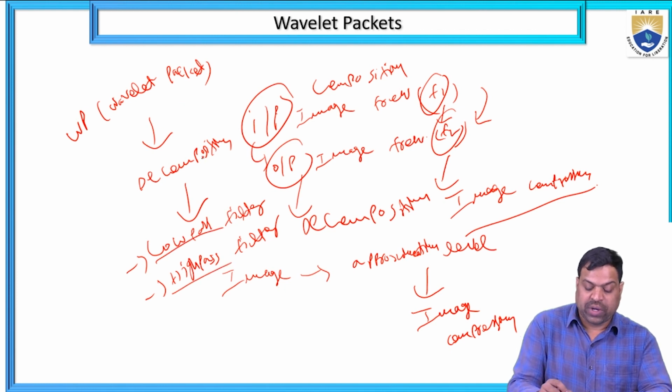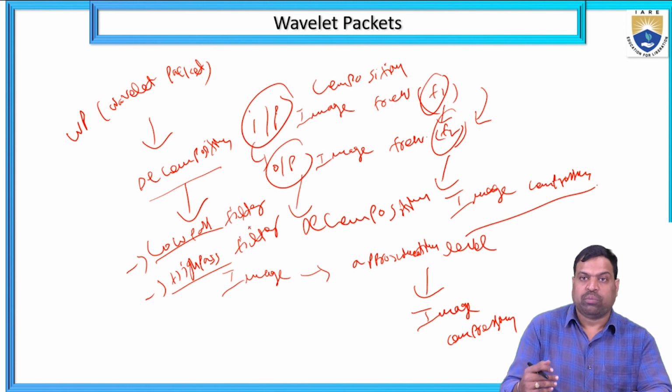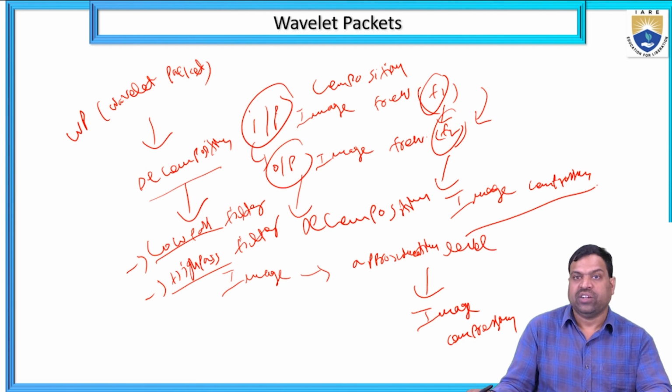So in every wavelet packet, that is a decomposition of the signal at the output side. Finally, which filter you are using, low pass or high pass. In every image compression, definitely we have to take the help of filters. So which stage you take the low pass filter and which stage you take the high pass filter, that is more important.